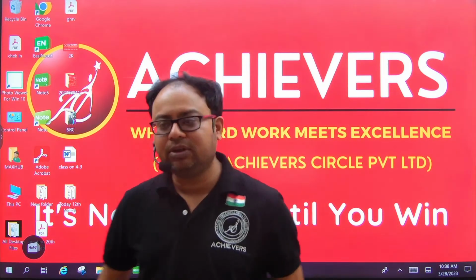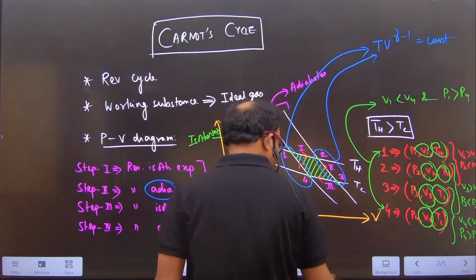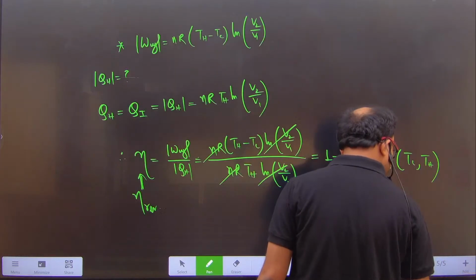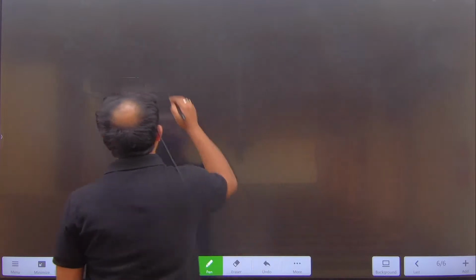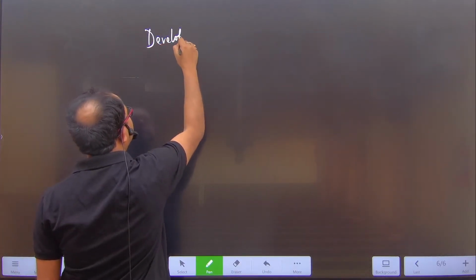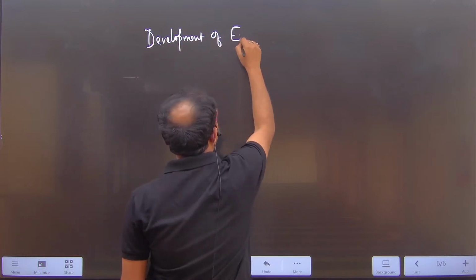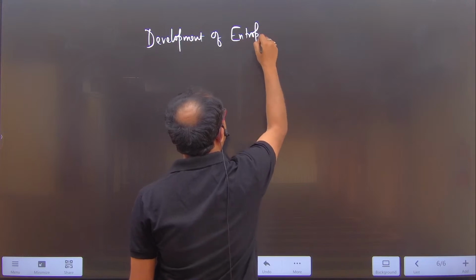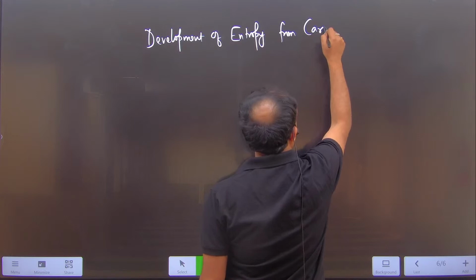So let's get into this. What we'll be doing is the development of entropy from the Carnot cycle.